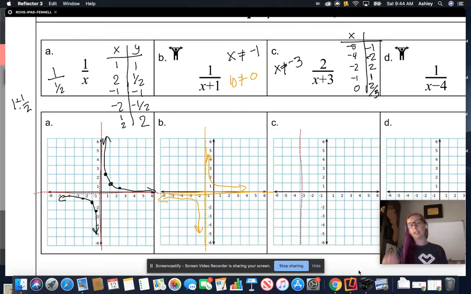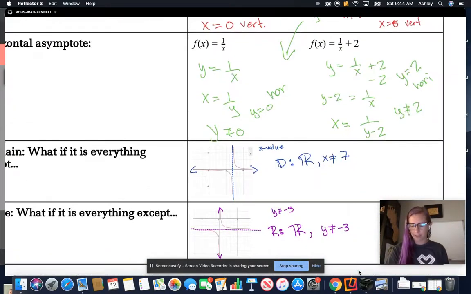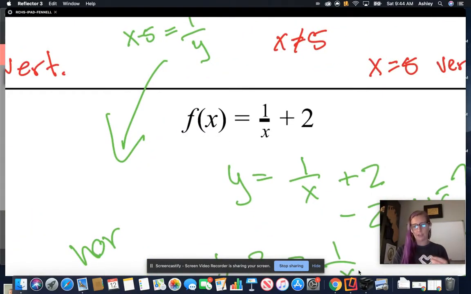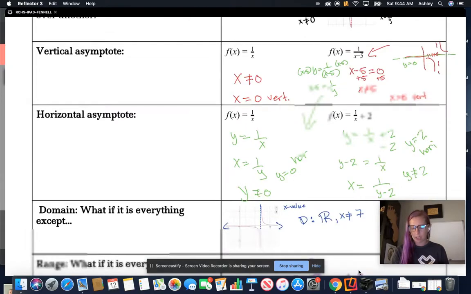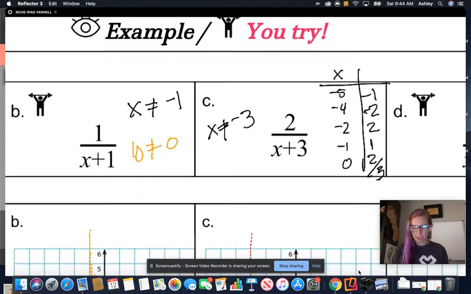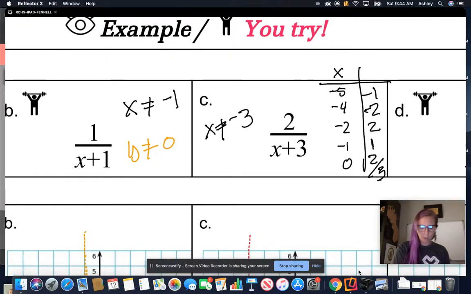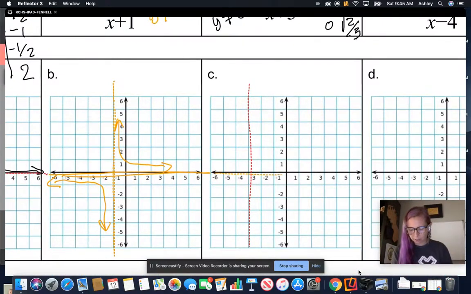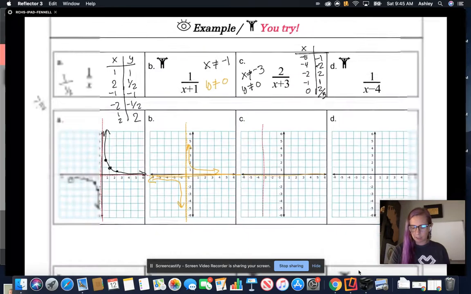And then again, because this is a fraction without any additional values outside, unlike this example here, right? So this has a fraction and a constant that we're adding to it. That'll change things. But because we just have a fraction and no constants added, we know that Y cannot equal 0. So we also have a horizontal asymptote at Y equals 0 because you can't touch that. It is undefined there.